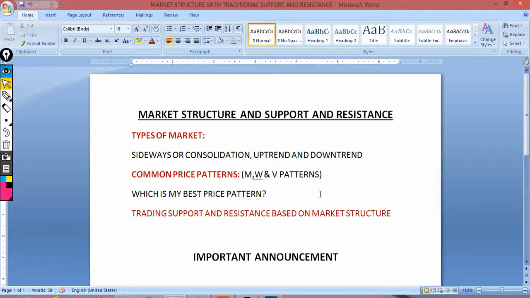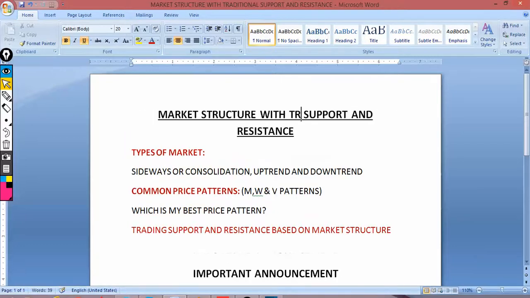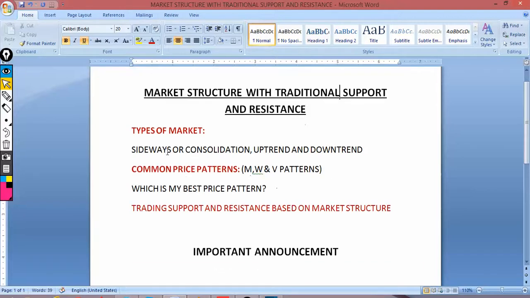So today we'll be discussing market structure with traditional support and resistance.